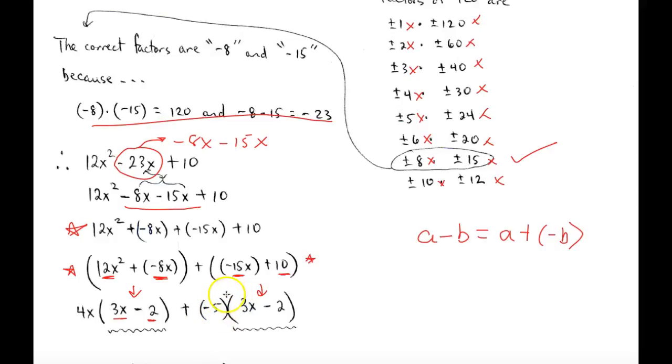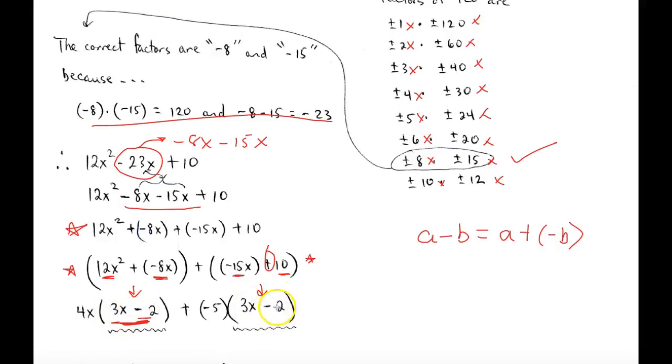And of course, I chose negative 5 because if you notice here, I have a 3x minus 2. And so I have an addition sign there, and I need to have a minus sign there because I want this to appear the same way that this does. So I need a minus sign.